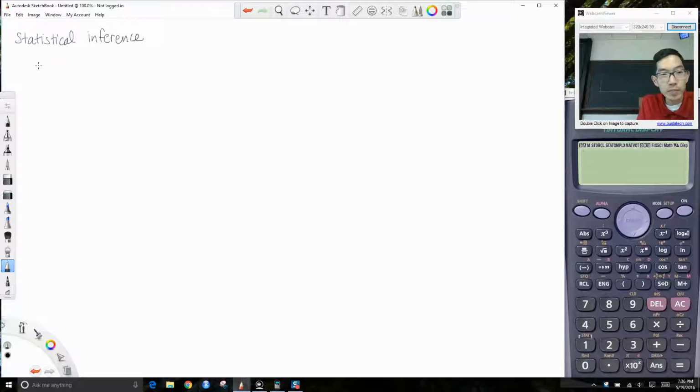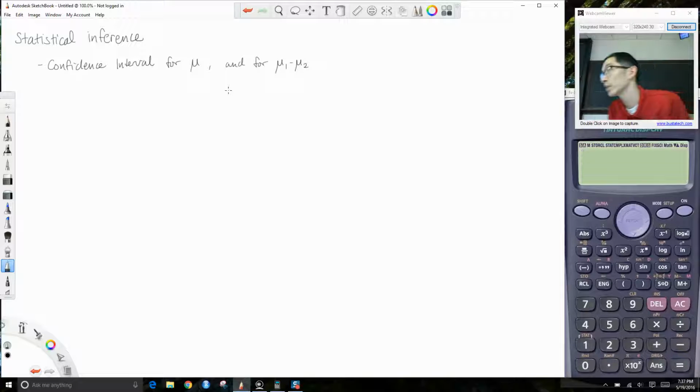We have confidence intervals for mu, and also a confidence interval for mu1 minus mu2. So we have confidence intervals for a population mean and also the difference between population means.